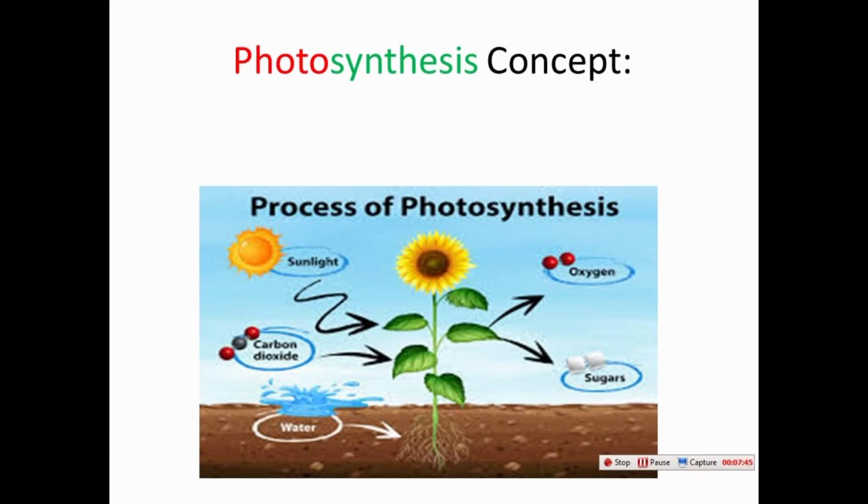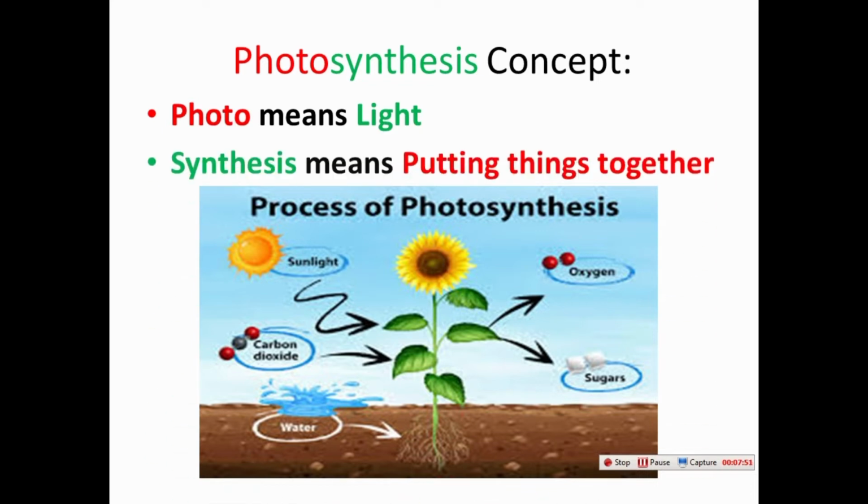Photo means light coming from the sun, plus synthesis means putting things together. So therefore, photosynthesis means the way plants use light to help put things together, usually to make a new thing.